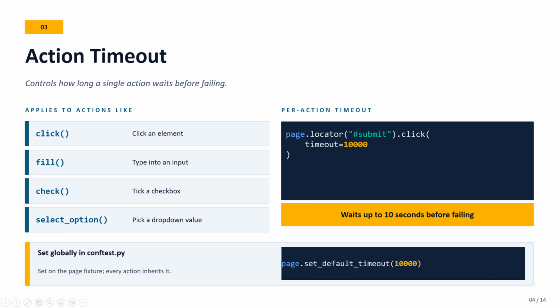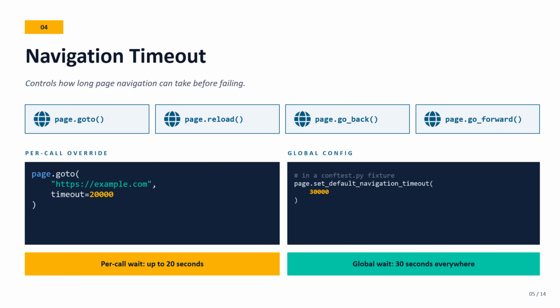Now let's talk about the navigation timeout. Navigation timeout controls how long page navigation can take before failing. So usually we have methods like page.goto, page reload, page go back, go forward, and here again you need to provide the timeout. So it's a per-call wait, and it will wait up to 20 seconds because it's defined under the goto.